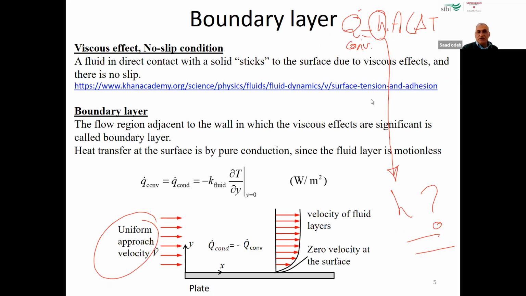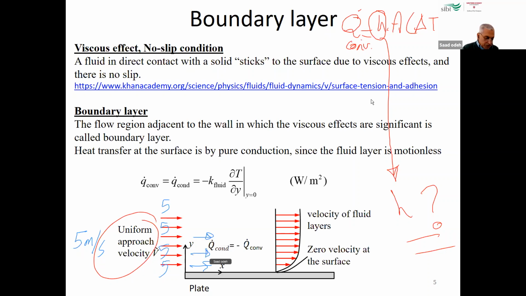So if the velocity of the flow is, let's say, 5 meters per second, you can find 5 everywhere, because it's open.